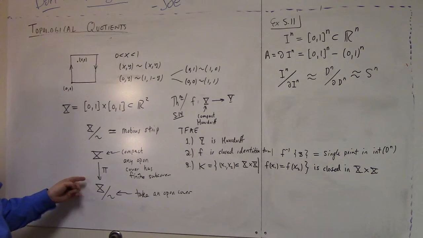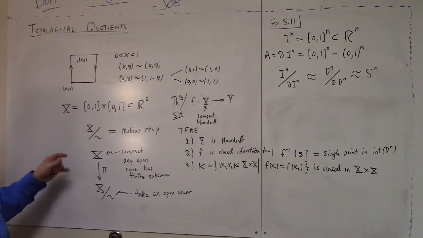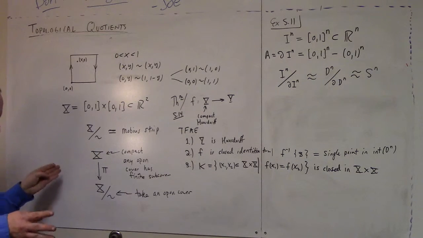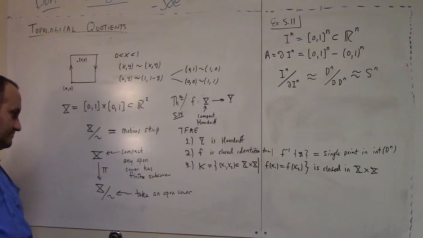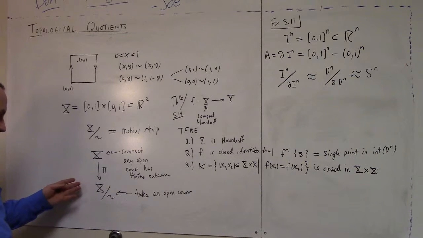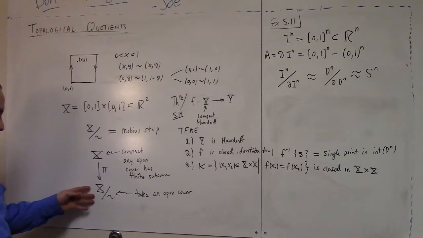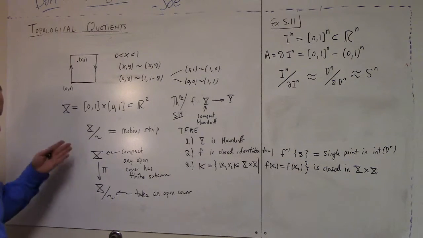The quotient is the continuous image. The quotient topology is essentially constructed to make pi continuous. It makes pi an identification. This is the finest topology on the quotient which makes pi continuous.